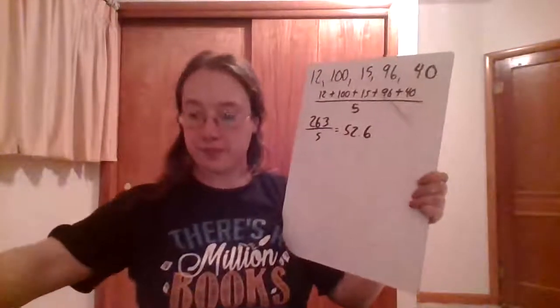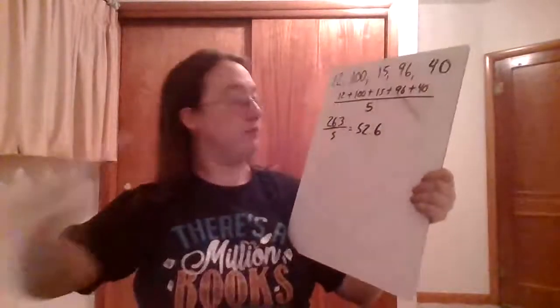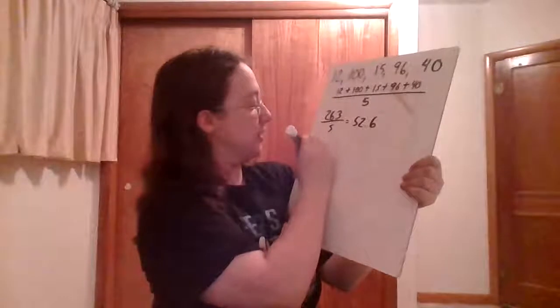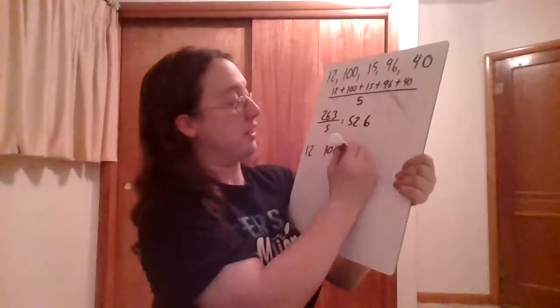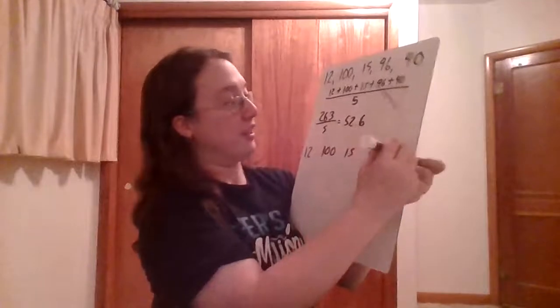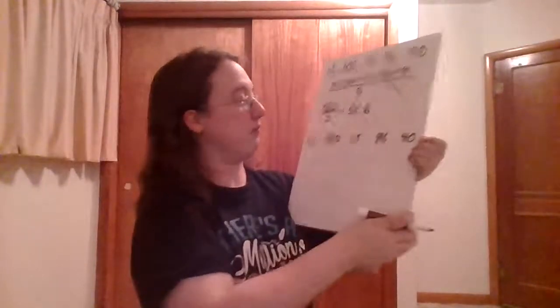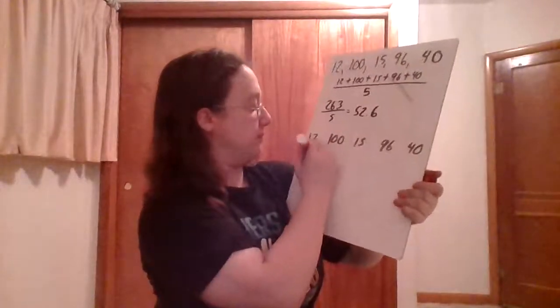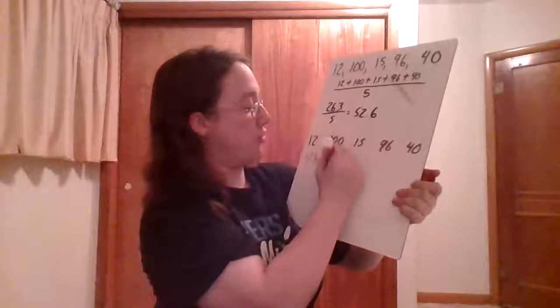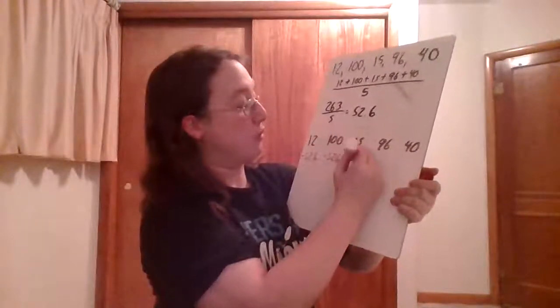Okay. And again, we're going to take each of these numbers. So we're going to take that 12 and that 100 and that 15 and that 96 and that 40. And this time we're subtracting 52.6.